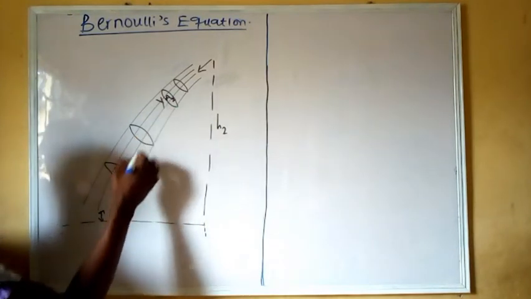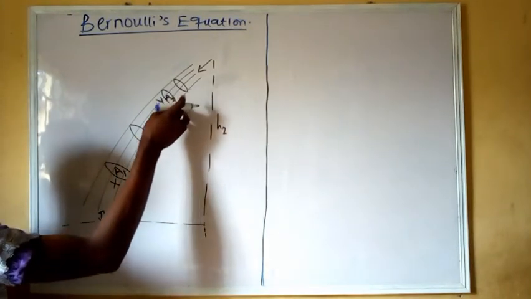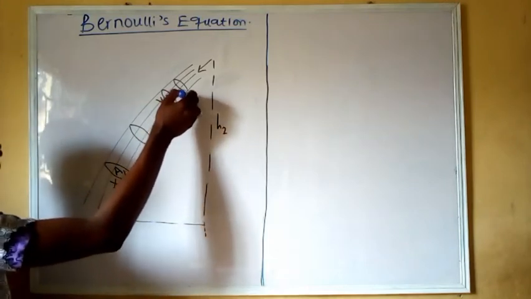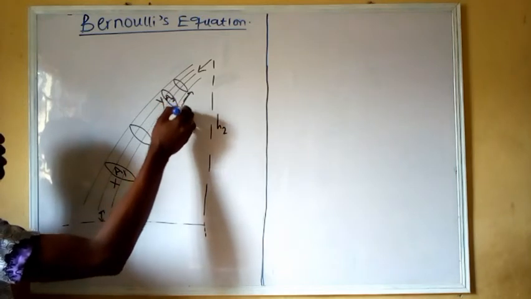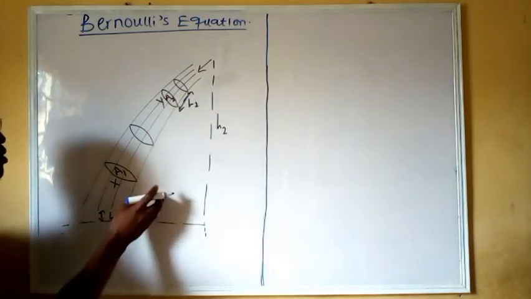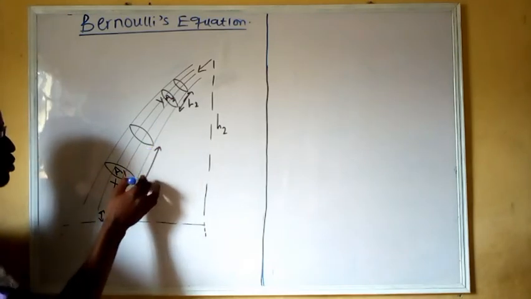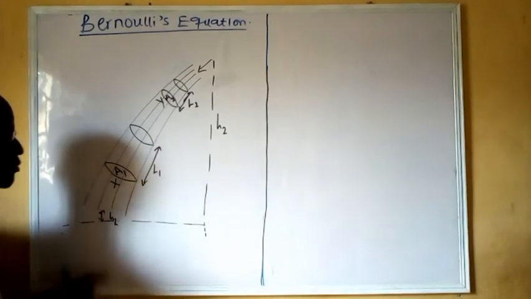Don't forget, before we can have the cross-sectional area A2, the fluid must have traveled a distance L2. And here, before we can have this A1, the fluid must have traveled a distance L1.